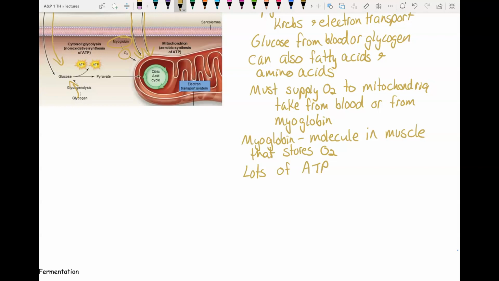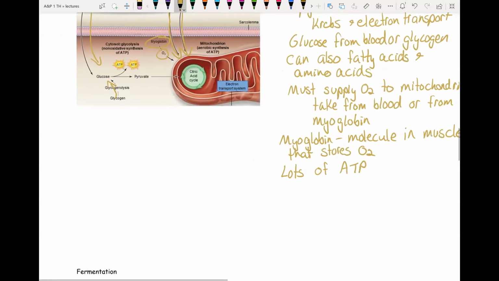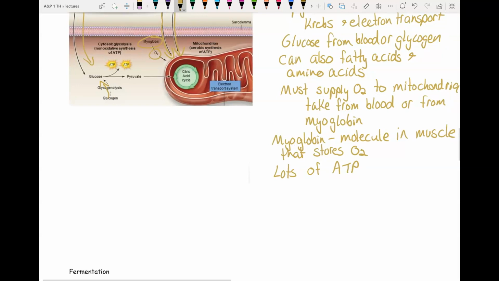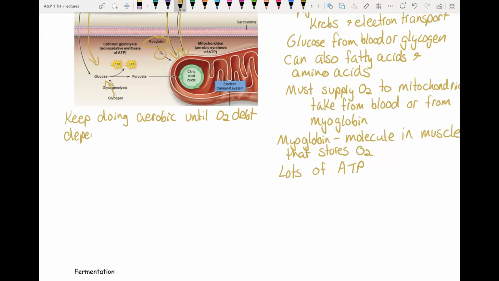So you can keep doing aerobic until you go into oxygen debt. And how long this is depends on your heart and lungs. So a well-trained athlete has really good heart and lungs that can do this for hours. Somebody who's out of shape is only going to be able to supply oxygen for maybe a few minutes, and then they're going to be done.